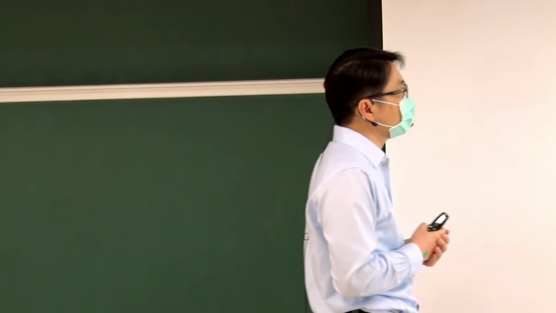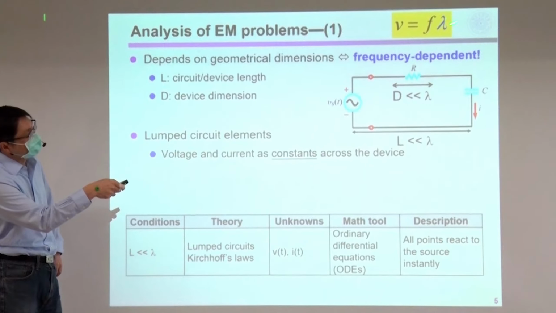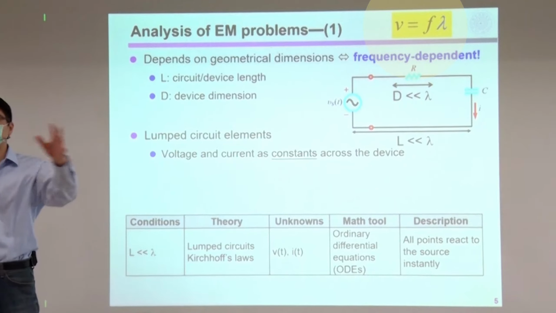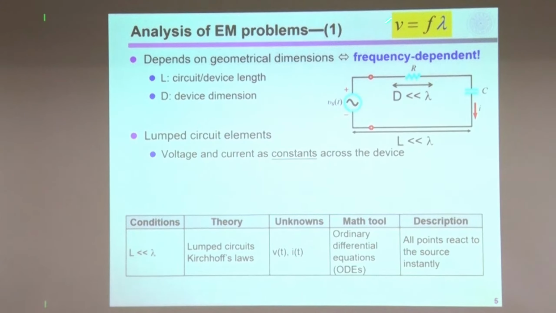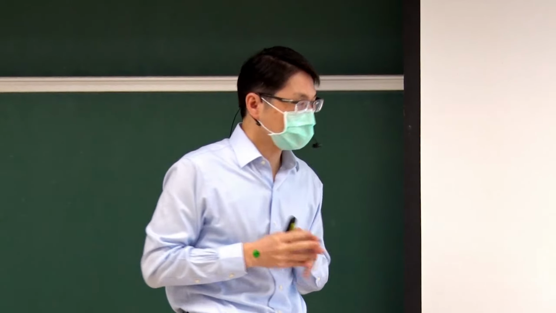So again, V equals frequency times the wavelength. So these are the waves in materials. The way we analyze electromagnetic problems is actually frequency dependent. What do I mean?